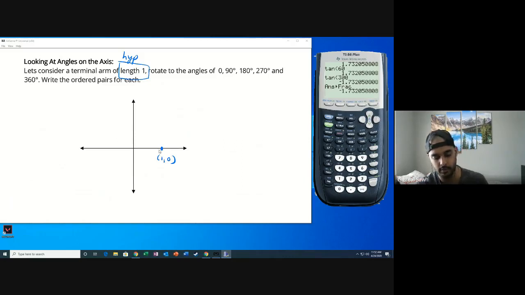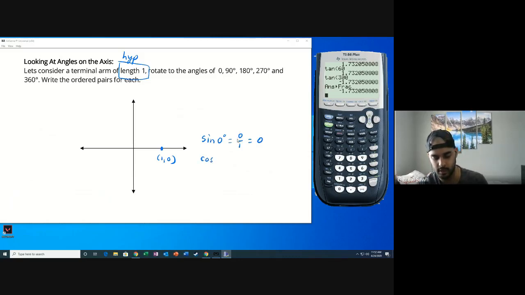If we go to write out those ratios, let's do the sine of 0 degrees. Okay, so here's essentially my triangle. If it's 0 degrees, I don't really have an opposite side to go to. There isn't one there. So that means it'll be 0 over 1. That's the length of my terminal arm. There's no opposite side, so this is going to be 0.